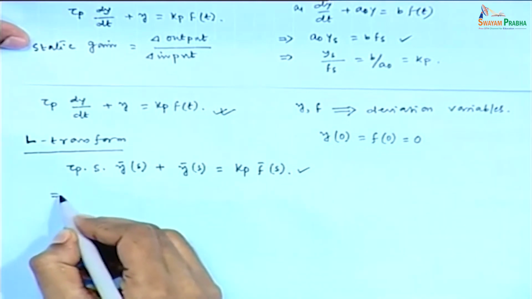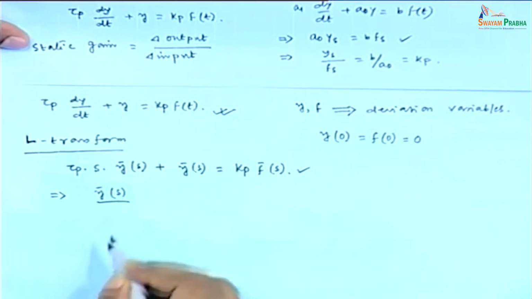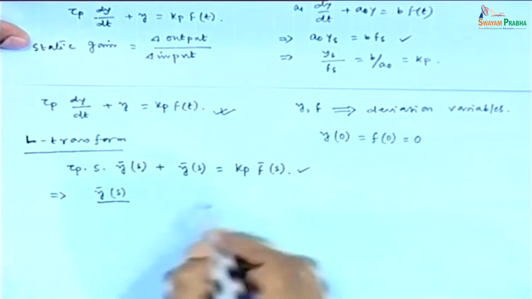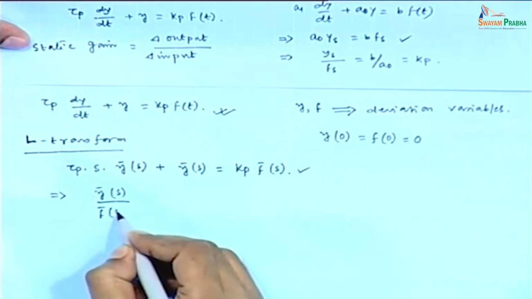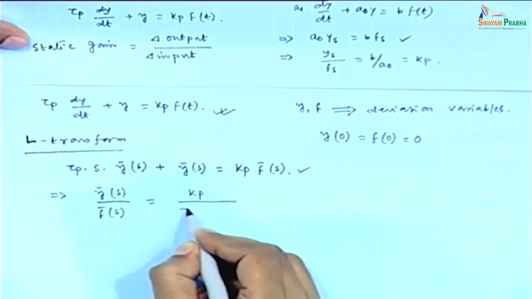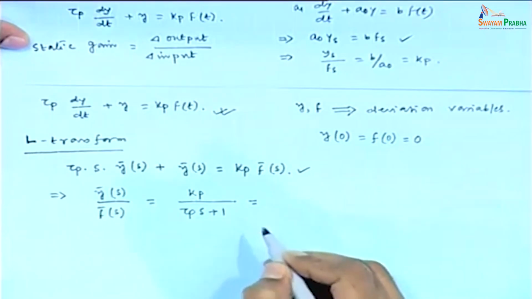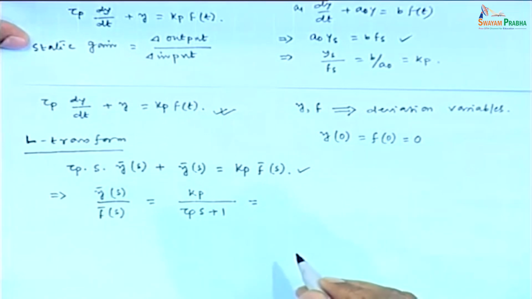Now, rearranging the above equation, we get y bar s by f bar s equal to k p divided by tau p s plus 1. Y bar s divided by f bar s becomes k p divided by tau p s plus 1, and this is nothing but the transfer function of the first order system.